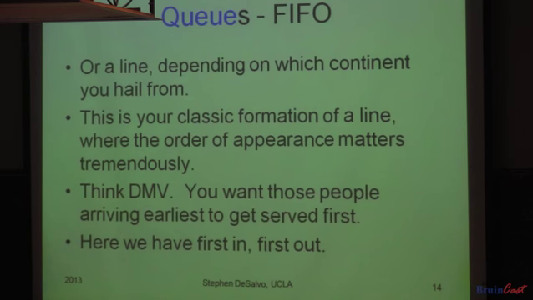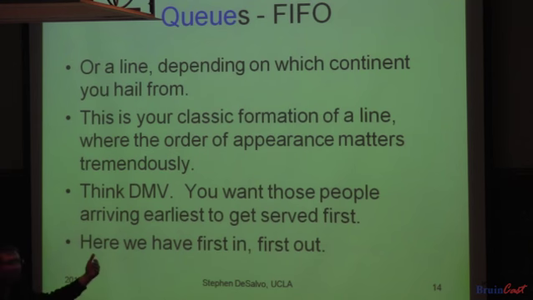Now this is different from lines or queues. Think of a grocery store. Think of the Department of Motor Vehicles. Don't get depressed. Just any kind of line where the order in which you entered the line is the order in which you get serviced.